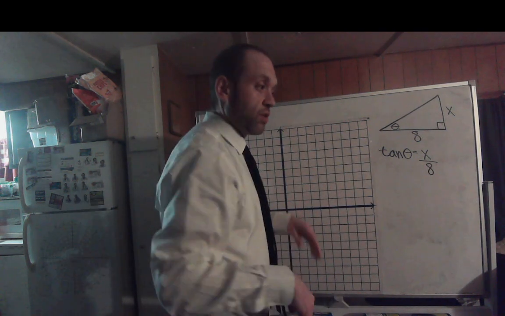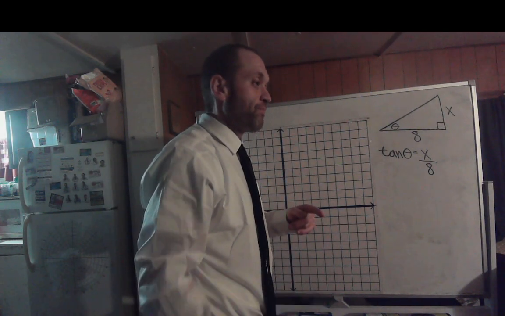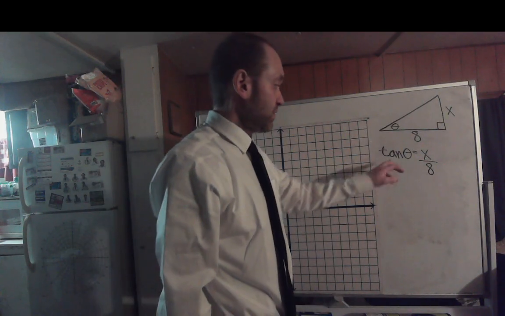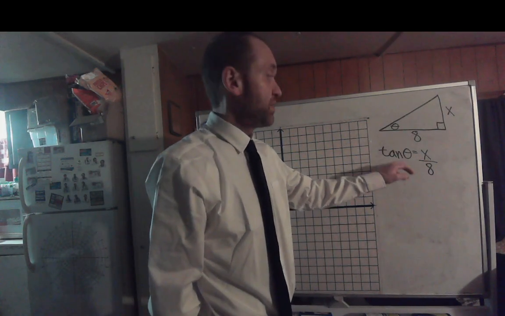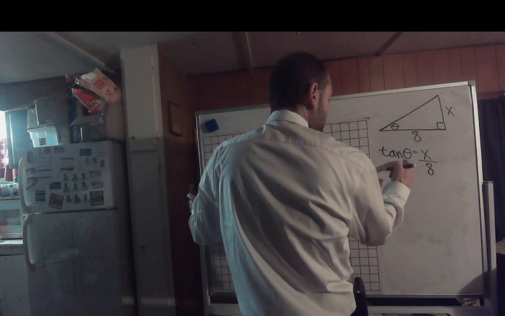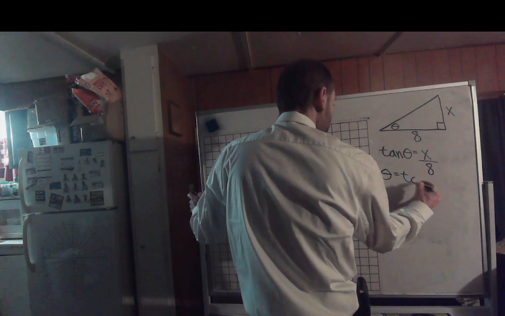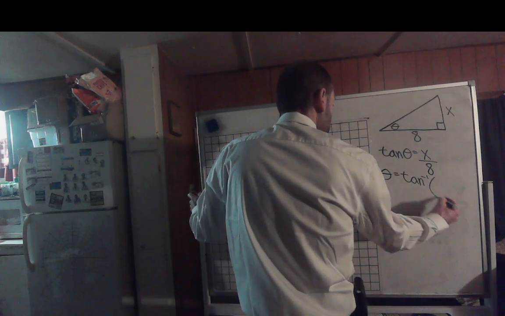Well, we're going to learn in deeper detail in the next lesson that if you take the inverse of a function, you cancel out the original function and get what's inside. So if I take the tangent inverse of both sides, I'll just get theta equals the inverse tangent of x over 8.